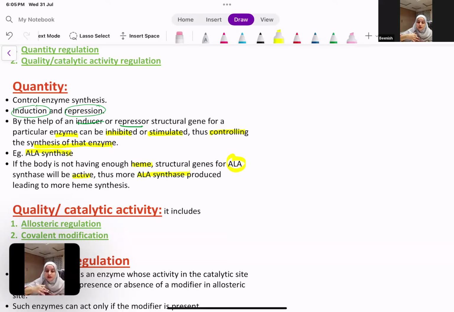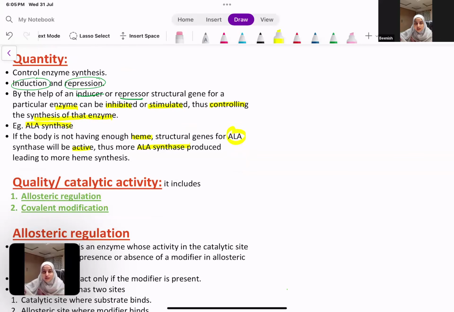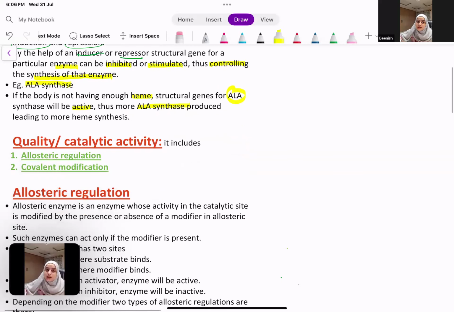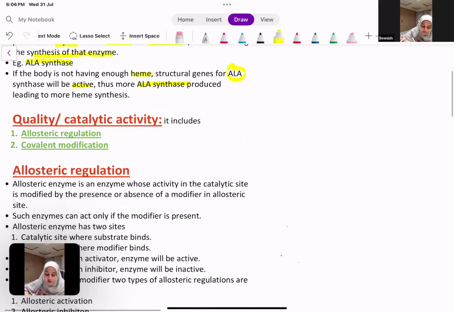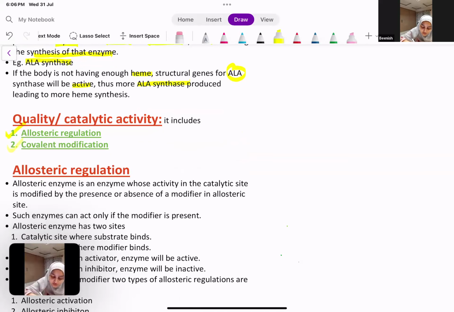This is how you control the quantity of the enzyme synthesized, either increasing or decreasing it. The other way is controlling the quality or catalytic activity. That is, the enzyme is there, but you're either activating or deactivating it. That comes under two types of regulation: allosteric regulation and covalent modification.